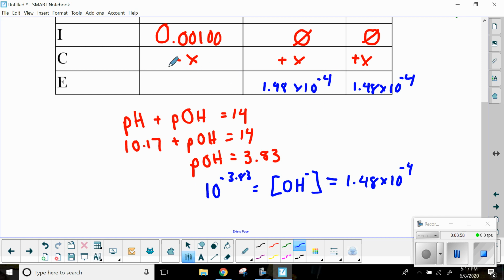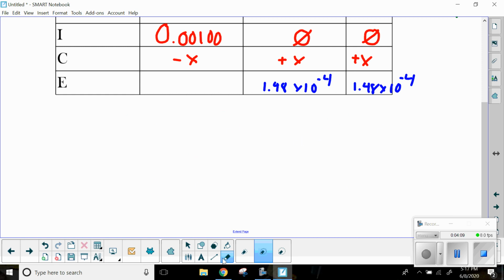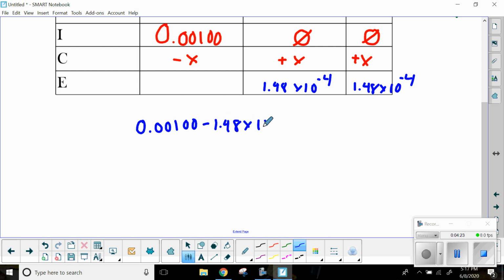And now I'm ready to figure out at equilibrium how much phenylmethylamine I have left. So I'm going to erase this piece here. Now I'm ready to get my equilibrium concentration of the base I started with. So I'm going to go 0.00100 minus the 1.48 times 10 to the negative fourth. And I know x is 1.48 times 10 to the negative fourth just because of my equation here: 0 plus x equals this.